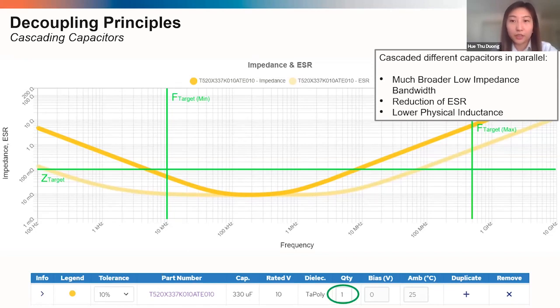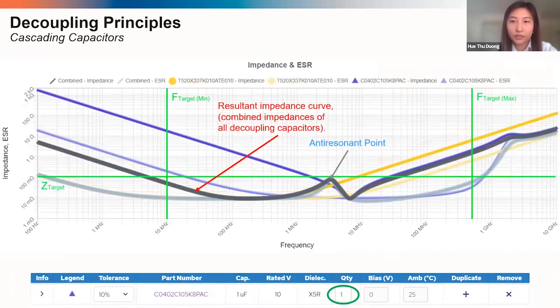So what do we do next? We'll add a lower capacitance part. So we added a 1 microfarad ceramic capacitor, and we can see the results of that here. So this dark gray line here is the combined impedance, and we can see that the impedance at the upper bound was lowered just a bit, but it's still higher than the target impedance.